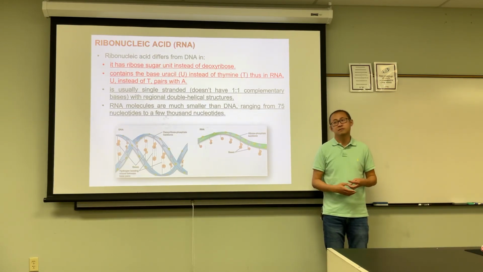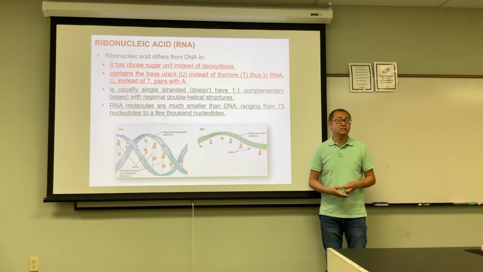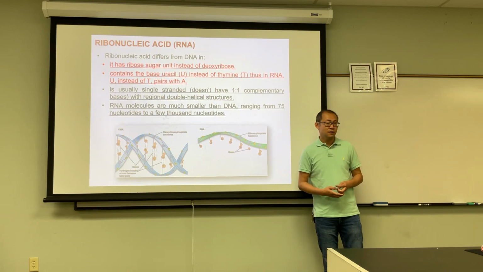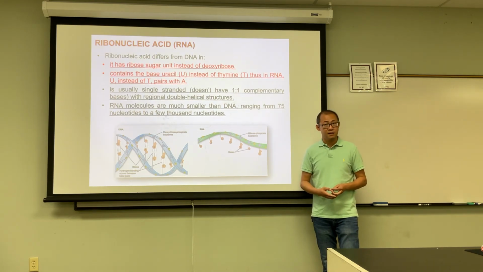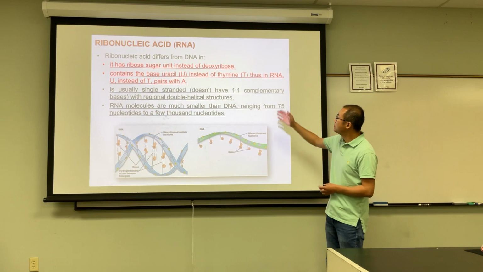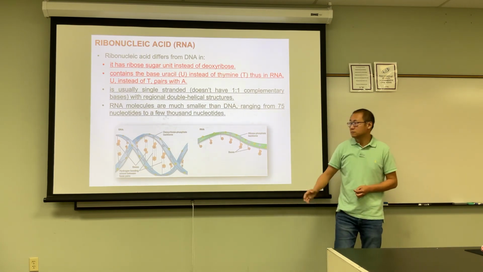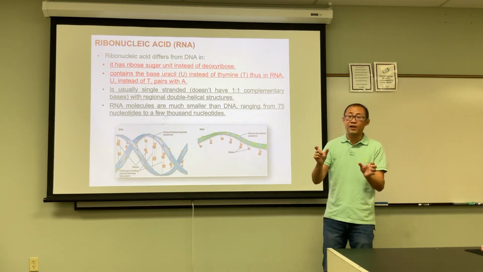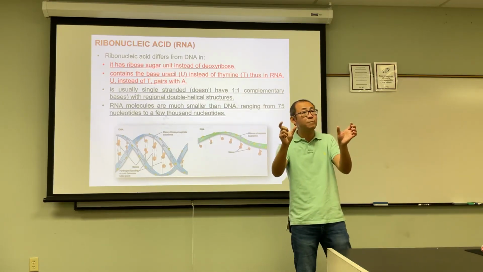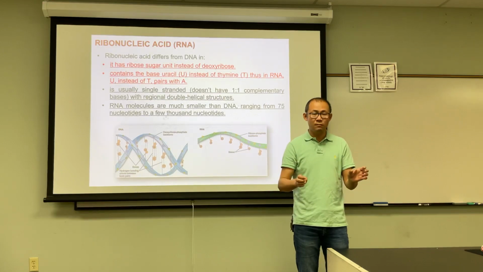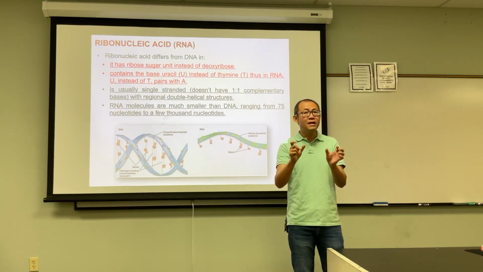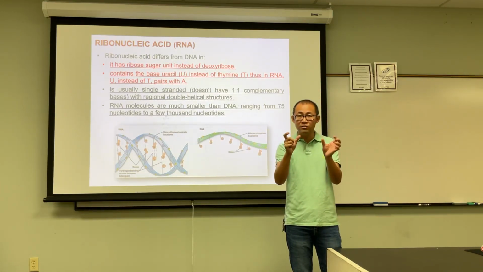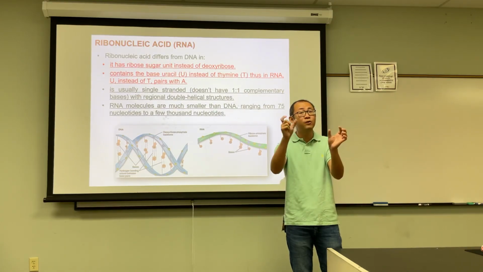The second difference is the base. The T in DNA is replaced with U in RNA. If you remember the structures of T and U, thymine and uracil, you find the structures are basically what? The same. And you also remember in complementary base pairs in DNA, A is paired with what?